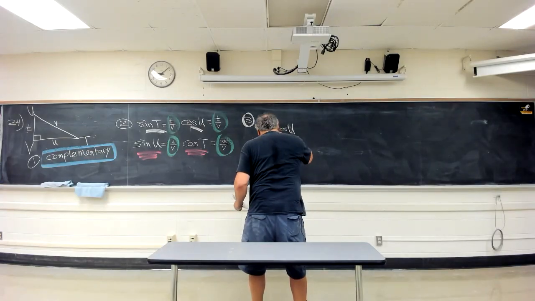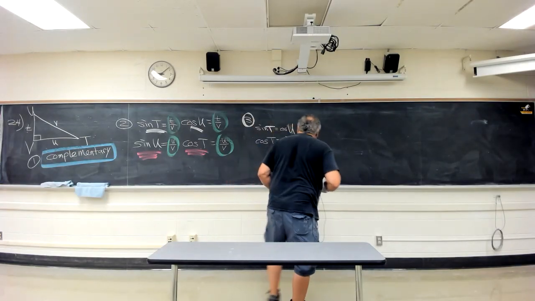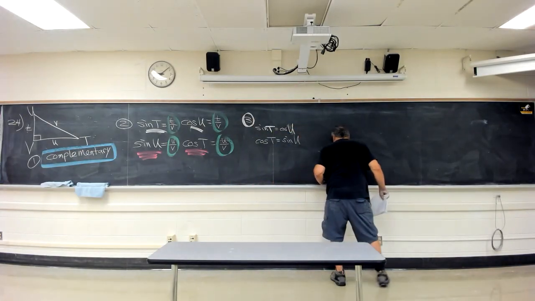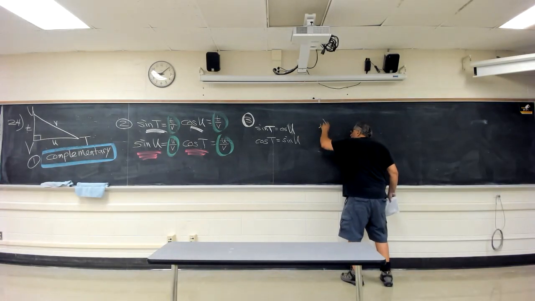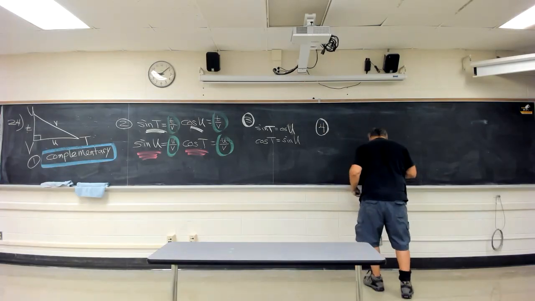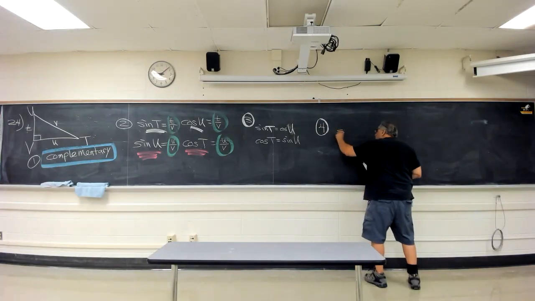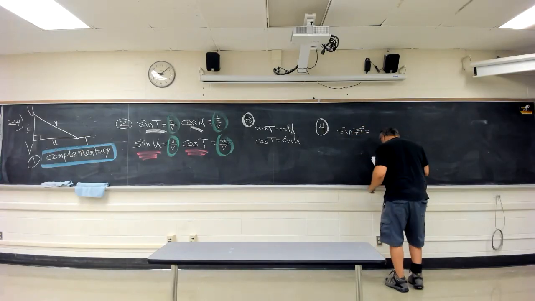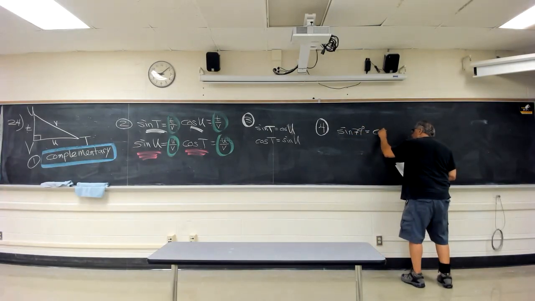Complementary angles within a right triangle have the property that if the sine of one is something, that equals the cosine of the other. Fill in the blank. Sine of 79 degrees is equal to the cosine of the complement of this, which is 11 degrees.